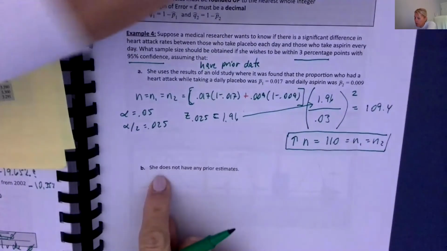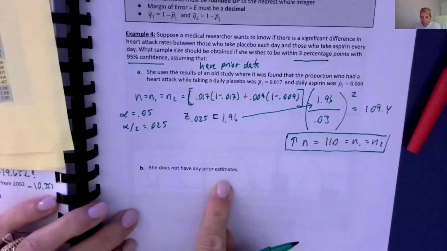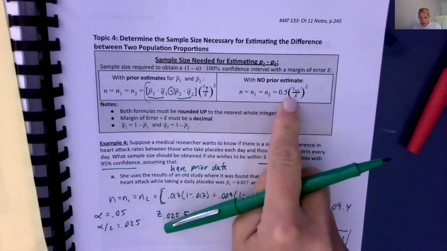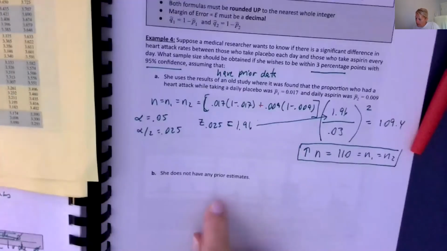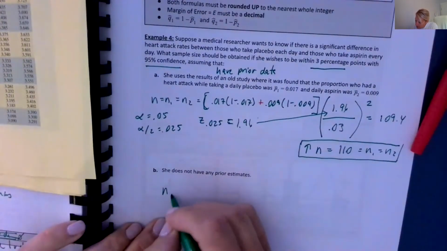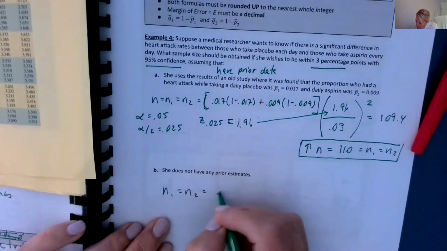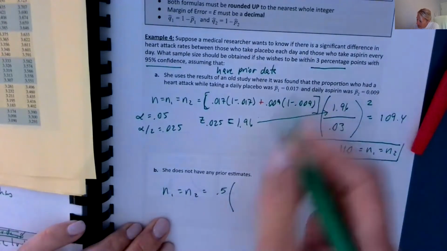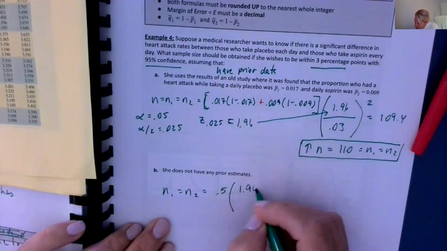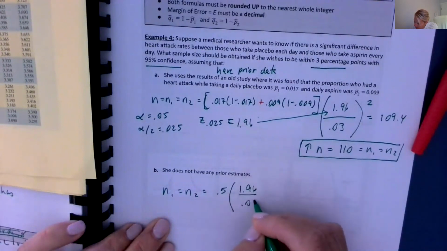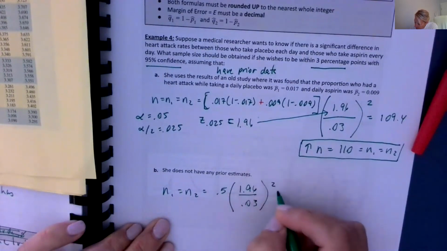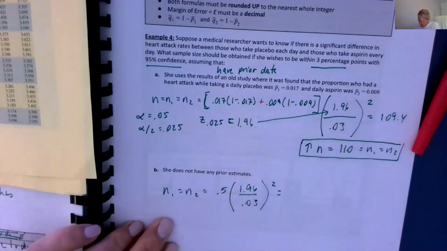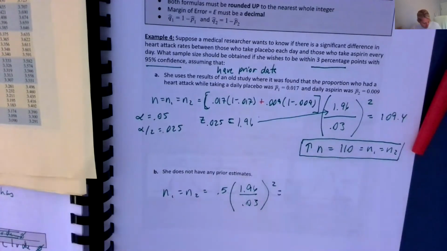Now we also want to know, what would the sample size need to be if we don't have any prior estimates? So we're going to use this formula up here, which is much more simple, 0.5. So N1 will equal N2. So 0.5 times the same critical value, 1.96, over the same error squared. And that one is more simple.